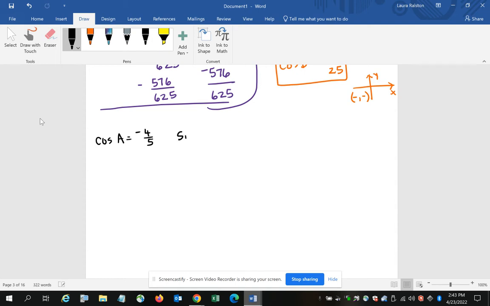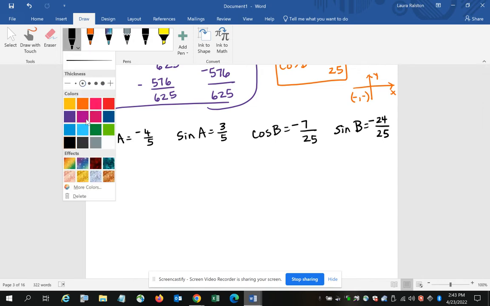We determined that sine A was positive 3/5. We were told that sine B was negative 24/25, and we've determined that cosine B is negative 7 over 25. And we're going to plug into the sum and difference formula.